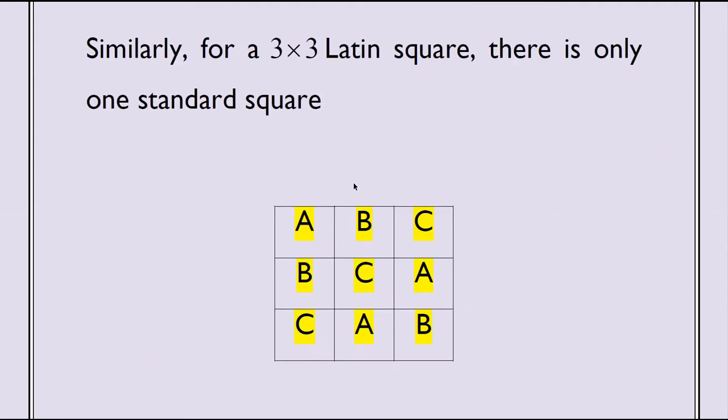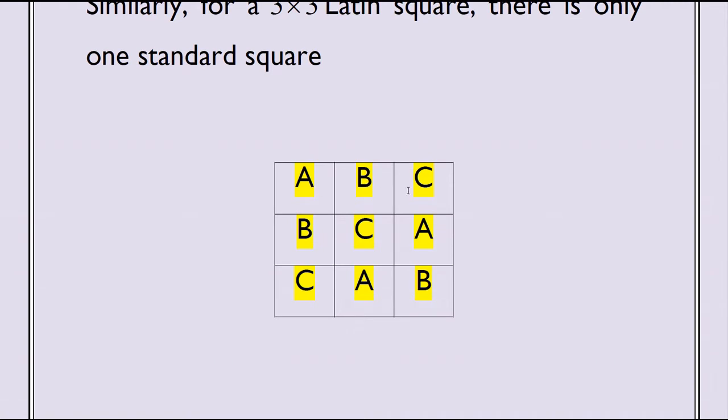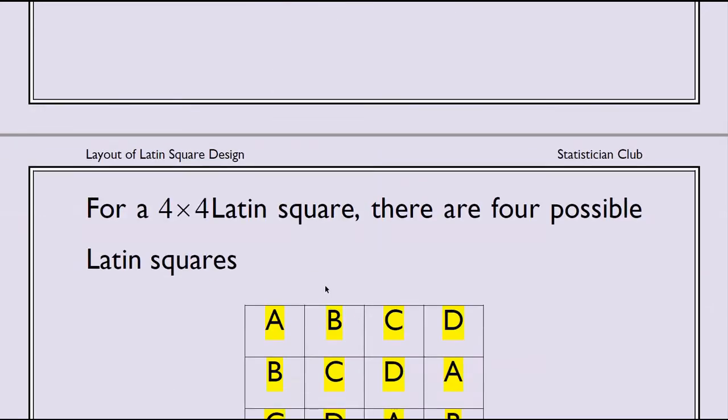So there is only one standard form, which is ABC. Now start from B, BC, then A. For the third row start with C, and then A, B in alphabetic order. So as you can see, for a 3 by 3 Latin square, the first row and first column are in alphabetic order.